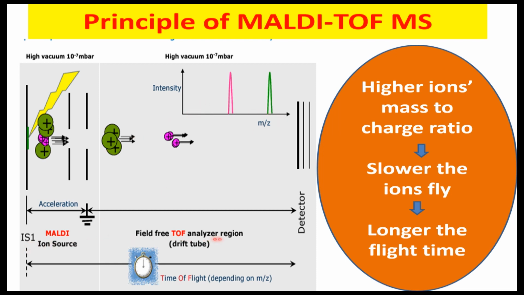And then the time of flight is measured. Accordingly, the peaks are generated. Obviously, the more tiny the ion is, the less time it will take to hit the detector, whereas the larger ions take more time to hit the detector. This is the fundamental principle behind it.